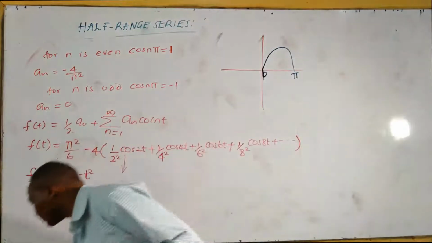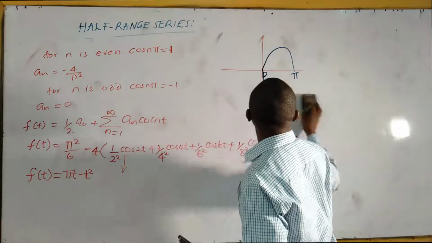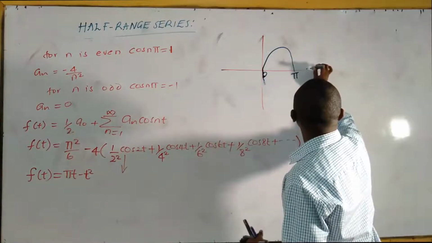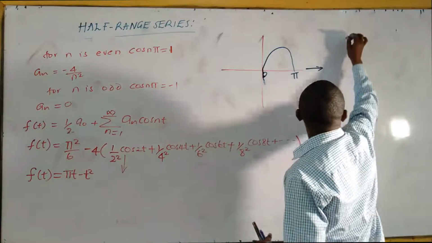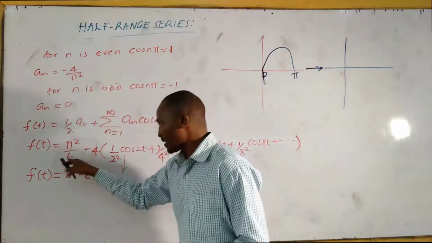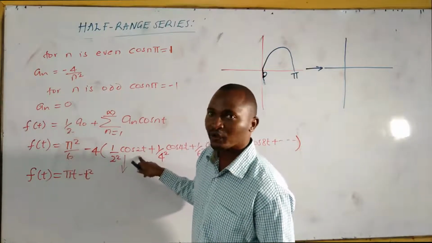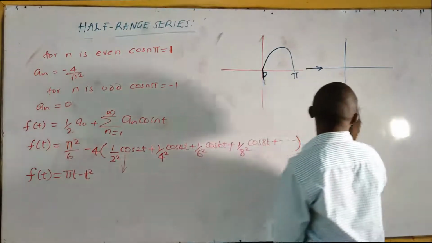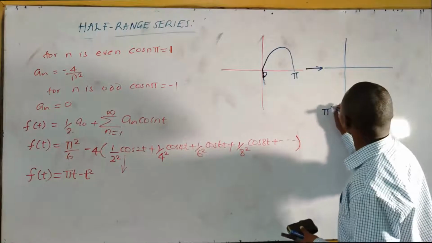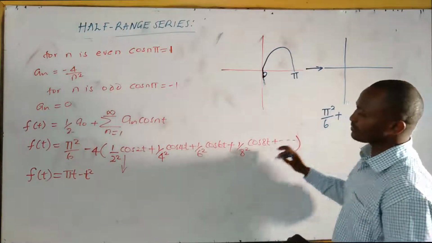Let us suppose we only use the constant term and the fundamental harmonic, such that you only have the constant term, pi squared over 6, plus the fundamental harmonic.